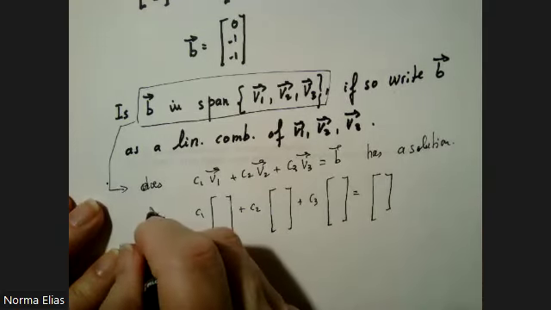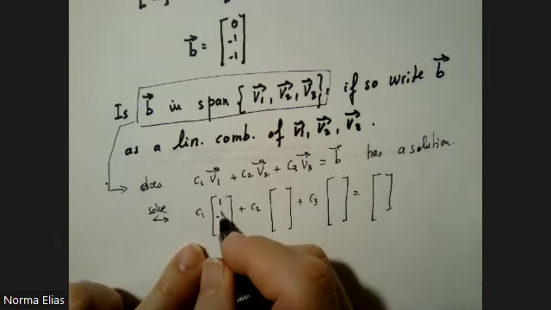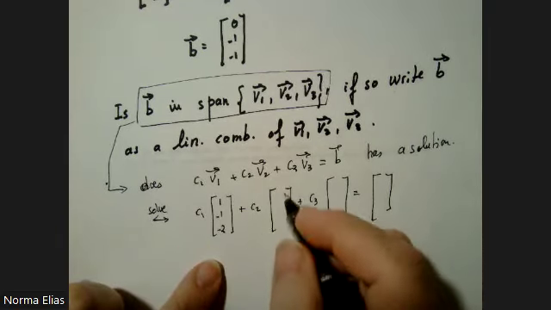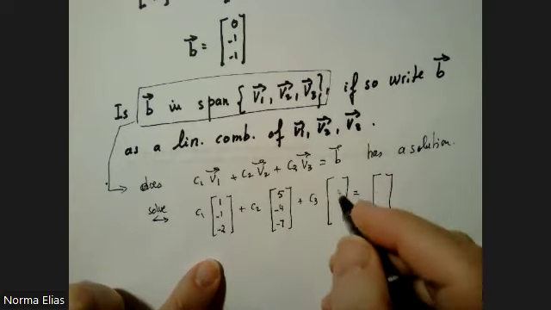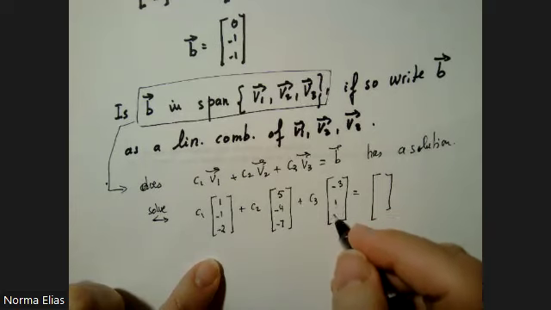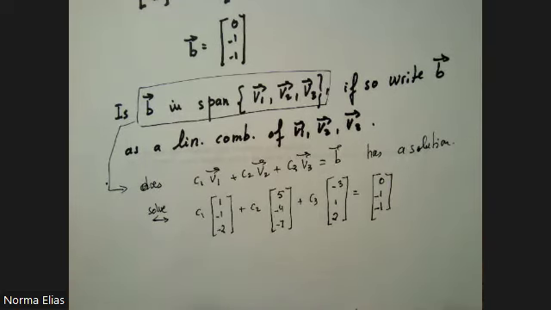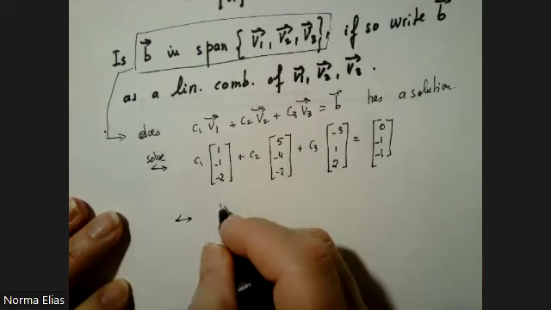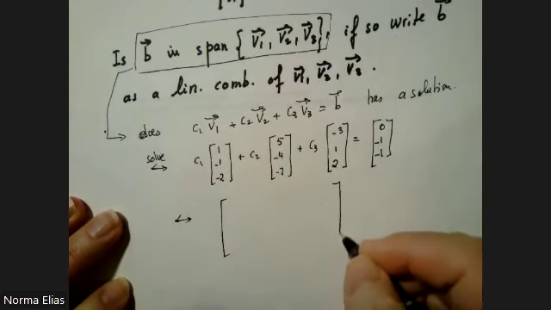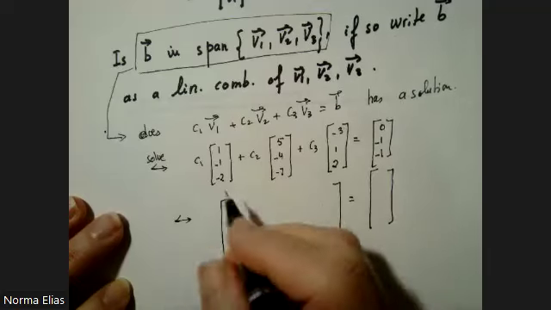So that's equivalent to solving the following: C1 (1, -1, -2) plus C2 (5, -4, -7) plus C3 (-3, 1, 2) equals (0, -1, -1). That's equivalent to solving this vector equation, which means equivalent to solving the following. As you realize, I'm going back to basics all the time.